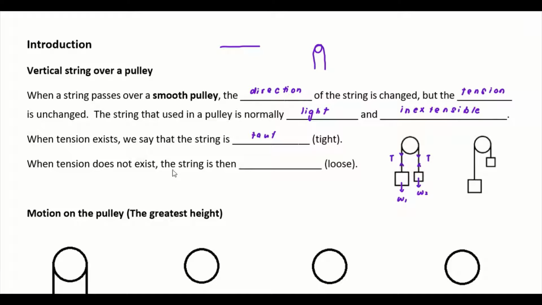If tension does not exist, the string is in slack. So this is a taut one, and a slack one is maybe like this, where nothing pulls the string at both ends. Now we'll look at this part, where previously we talked about forces in equilibrium, right?